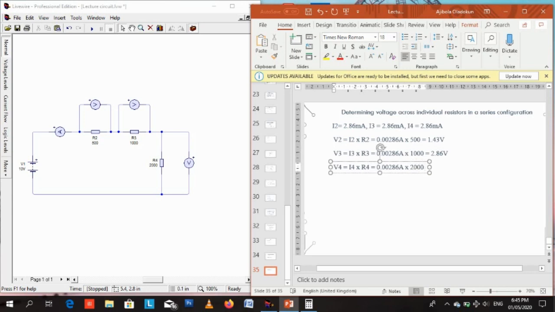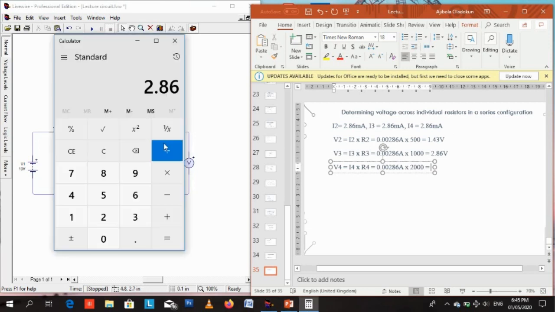Let's get our calculator out: 0.00286 multiplied by 2000 ohms, which is 5.72 volts.